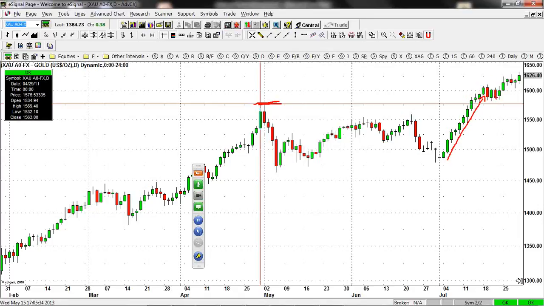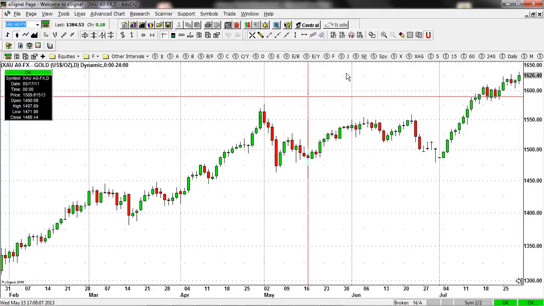Now, as I said before, recognize that it's a riskier strategy, but you could reduce your actual contract size, and you see a small consolidation here, and you would have bought above the consolidation.